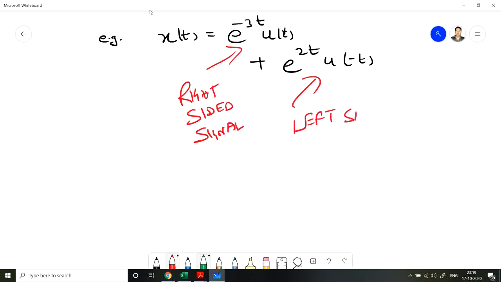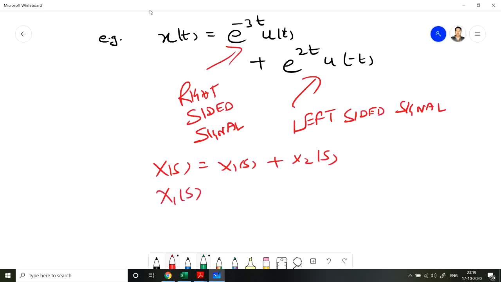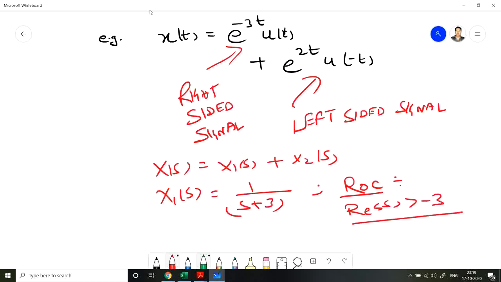Please check, this is left-sided signal. So X(s) is equal to X1(s) plus X2(s), and what is X1(s)? X1(s) is 1 divided by s plus 3, and the ROC is real part of s is greater than minus 3.